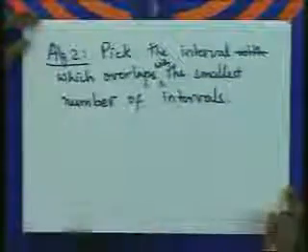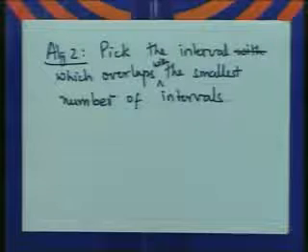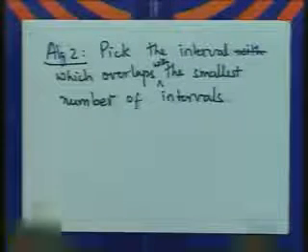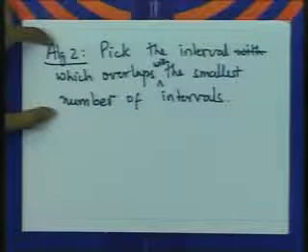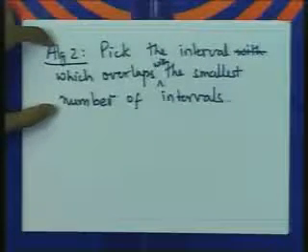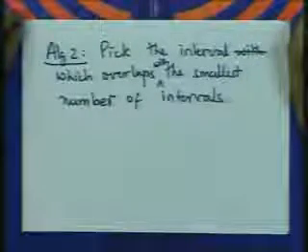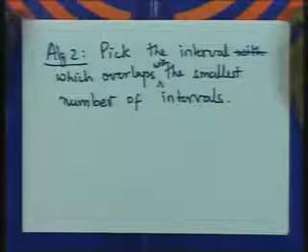So you see that the first algorithm fails. You construct an example where the algorithm fails, and here is an algorithm that at least works on that example. And it seems fairly reasonable also that you pick an interval which overlaps the smallest.